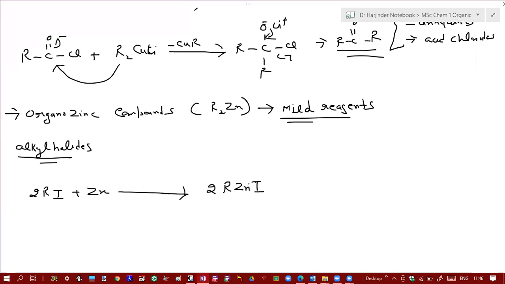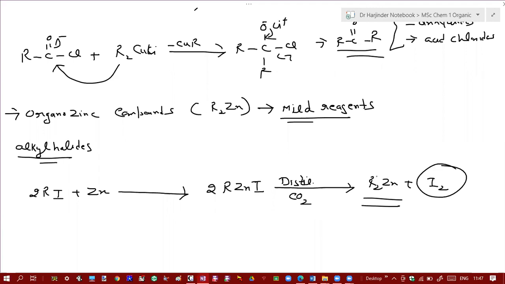Then if you carry out distillation of this alkyl zinc iodide in carbon dioxide, you will get the corresponding dialkyl zinc and iodine is liberated.